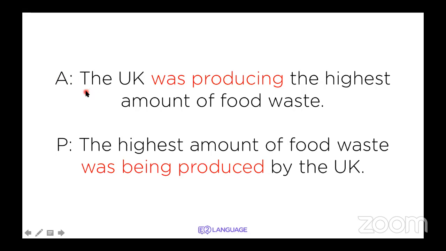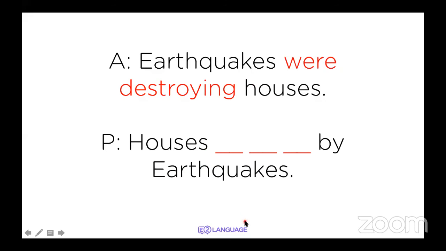So the active sentence says, the UK was producing the highest amount of food waste. The passive sentence says, the highest amount of food waste was being produced by the UK. Cool. Same meaning, different emphasis. Please type into the chat what this verb is.